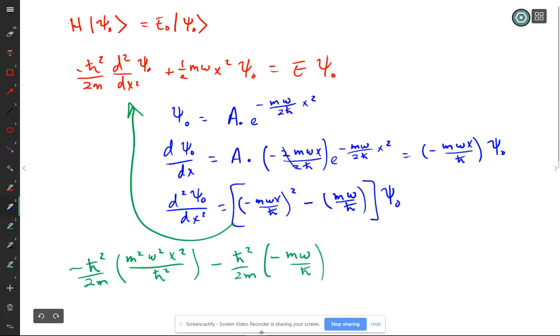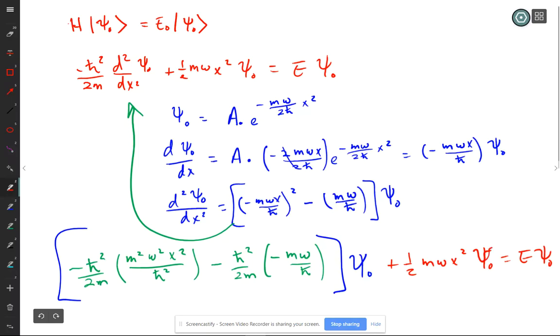So those are the first two, and psi 0 at the end, plus 1/2 m omega x squared psi 0 equals E psi 0.